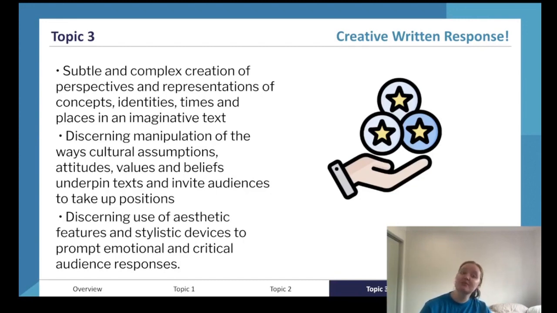We're using discerning manipulation of the ways cultural assumptions, attitudes, values, and beliefs underpin texts and invite audiences to take up positions. Now, just because you haven't been given a specific temporal or geographic context doesn't mean that the context you choose doesn't matter. In fact, you should be thinking about the cultural assumptions, attitudes, values, and beliefs, the cultural implications of your geography and temporal ideas when you are writing.